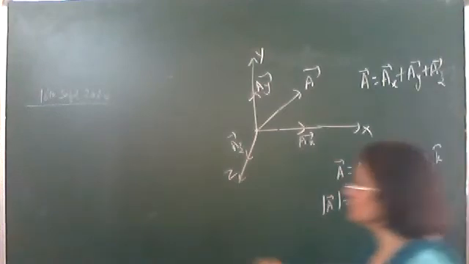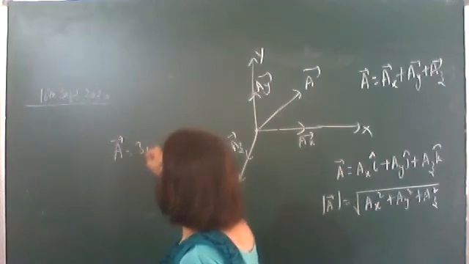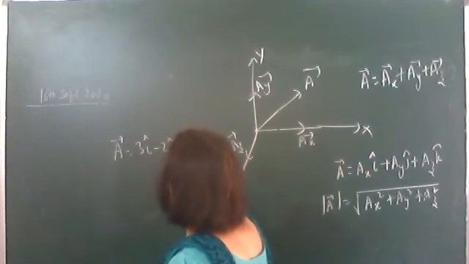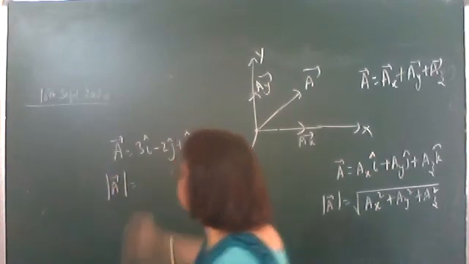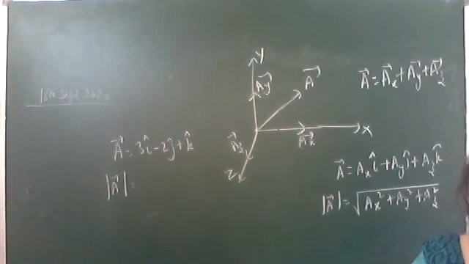Okay, now suppose a vector A is given as 3i cap minus 2j cap plus k cap. Find the magnitude of A vector. What is this?